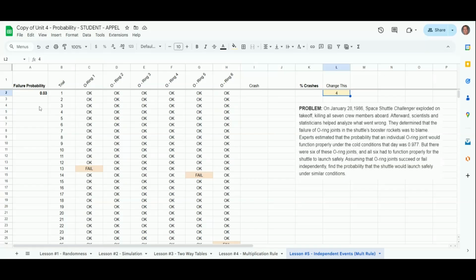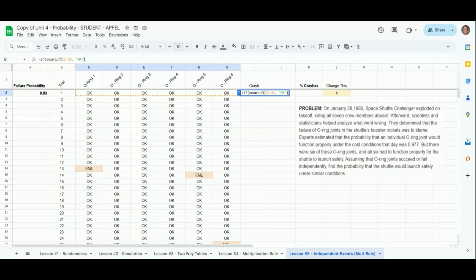And so we're going to use our COUNTIF function. So equals COUNTIF. We want to count if this sum here, count if this in that range is okay.